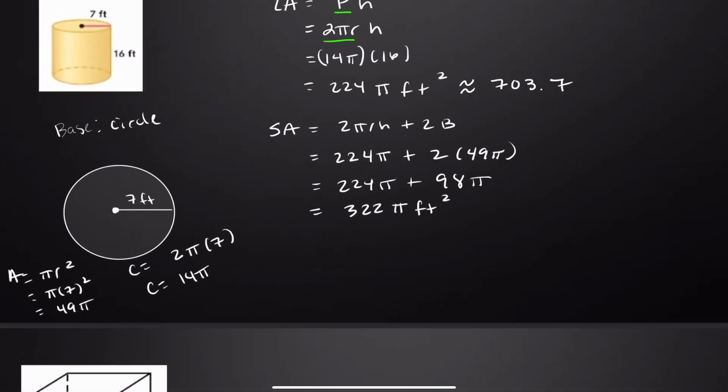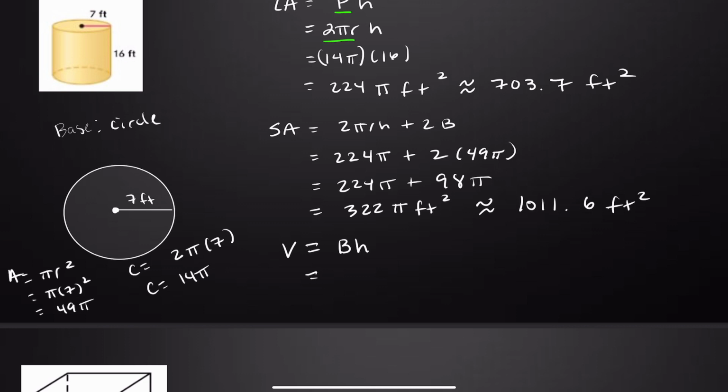And if I want to give a rounded answer, it would be approximately 1011.6. Okay, so 1011.6 feet squared. Okay? And then the volume is big B multiplied by the height.